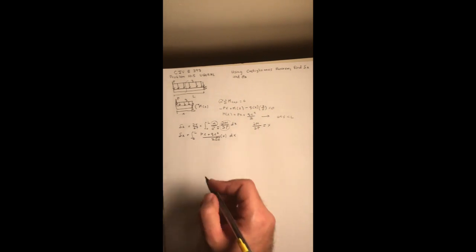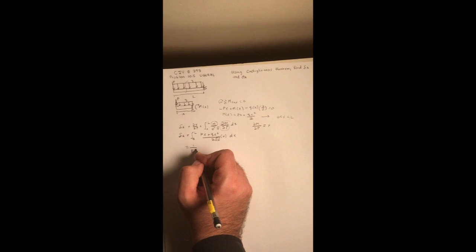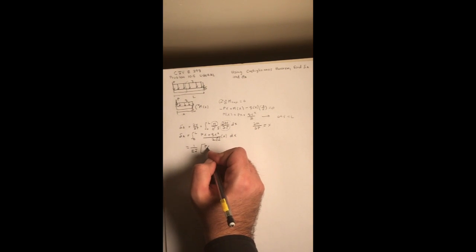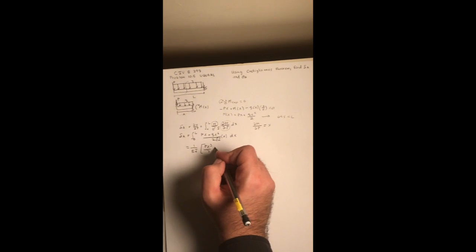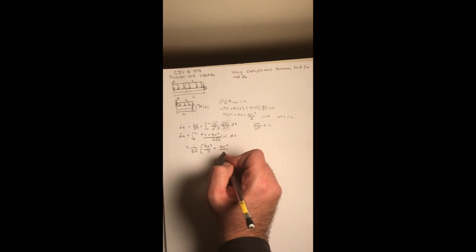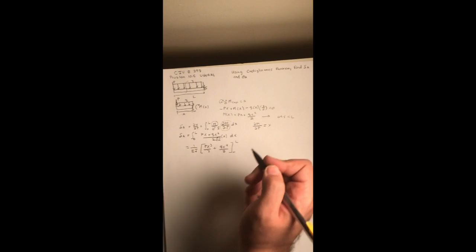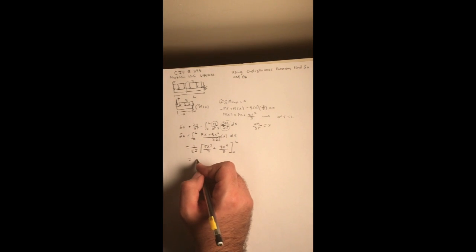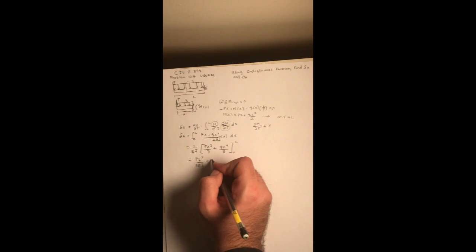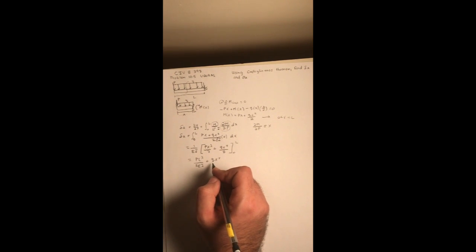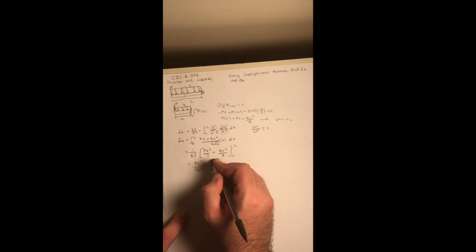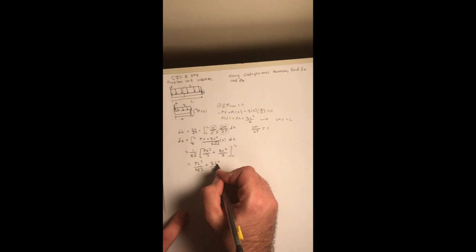So now once we integrate, we're going to get 1 over EI times Px cubed over 3 plus qx to the fourth over 8, from 0 to L. Once we apply those limits, we're going to get PL cubed over 3EI plus qL to the fourth over 8EI.